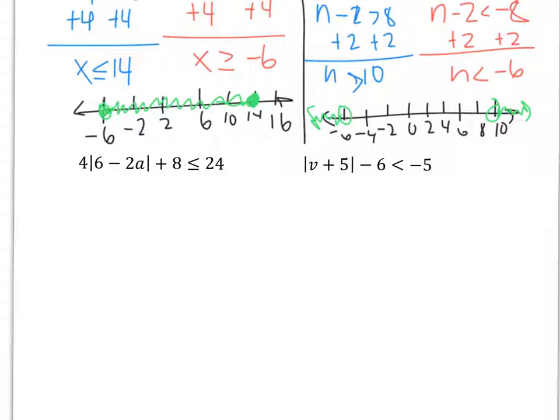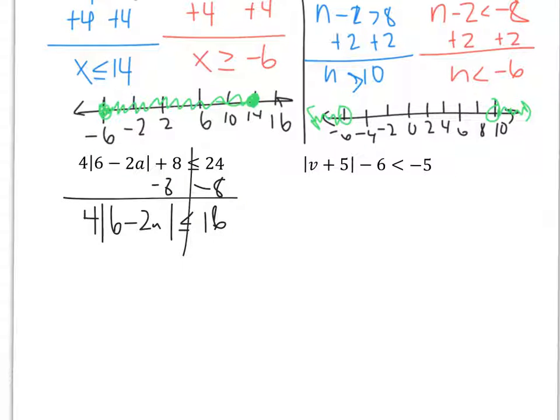Again, before we can write our two cases, we have to isolate the absolute value. So I'll subtract 8 first. And I'll get 4 times the absolute value of 6 minus 2a is less than or equal to 24 minus 8, which is 16. Then, since I have 4 being multiplied by the absolute value here, I'll go ahead and divide by 4 to get rid of that.